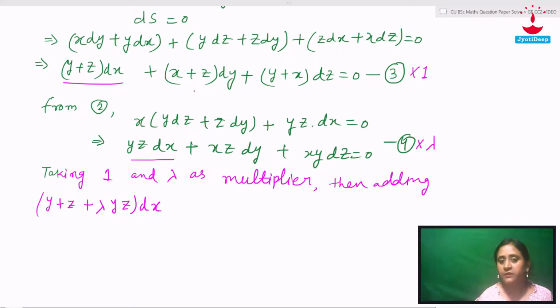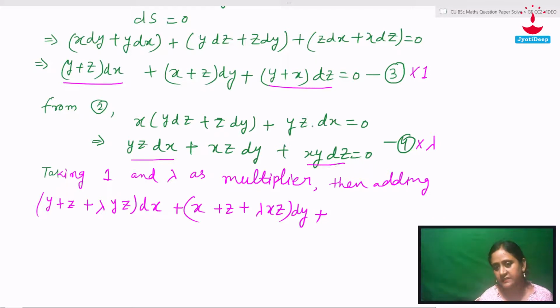Okay. Now I am taking this second term and this second term. So I will write x plus z plus lambda xz into dy plus, now this term and this term. So it will be y plus x plus lambda into xy into dz is equal to 0.